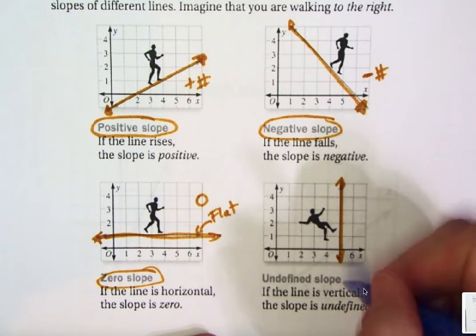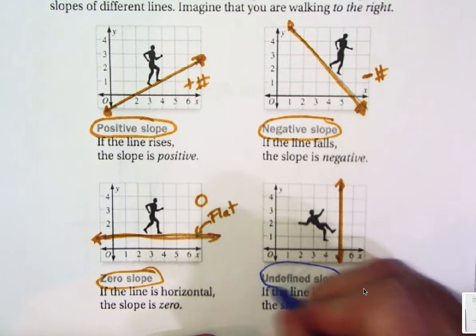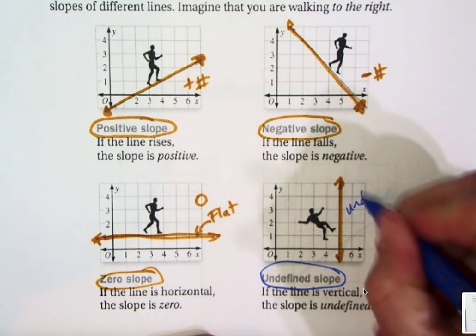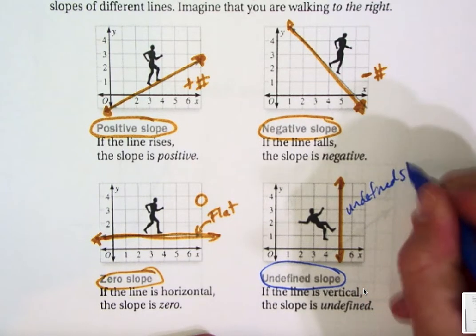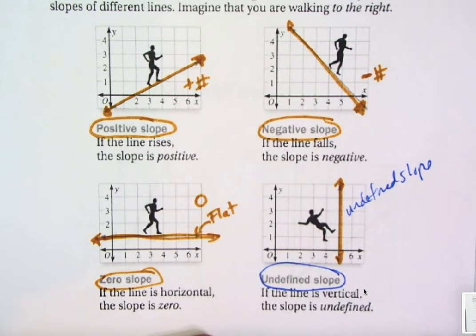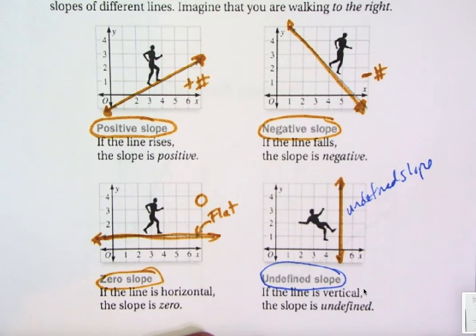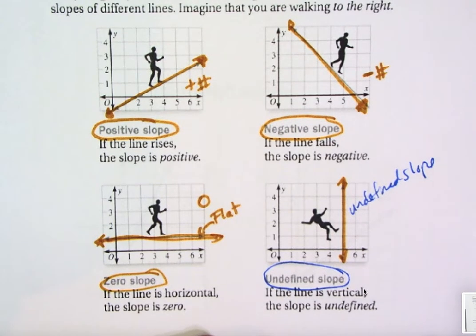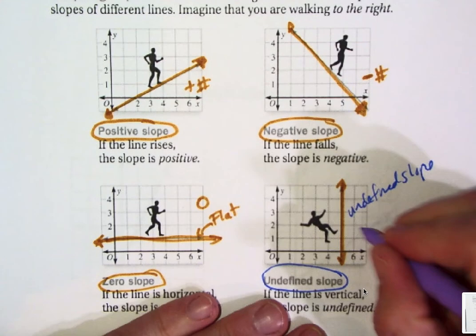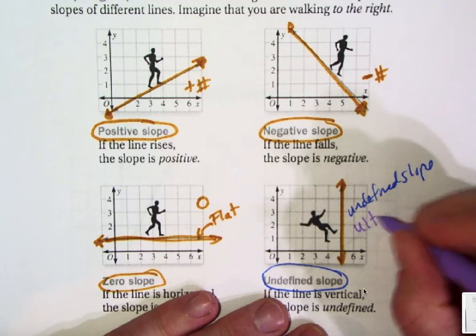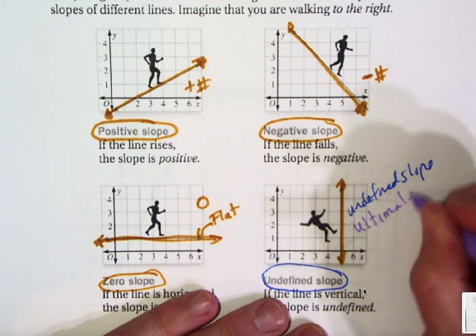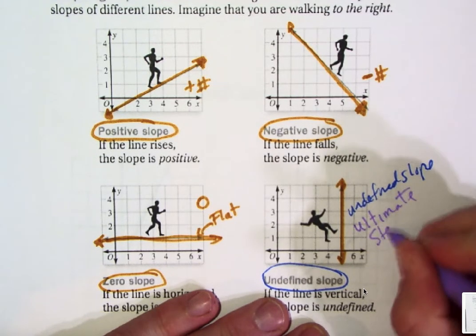Any vertical line, every single one, is going to have something called an undefined slope. We can't give it a number. How steep is that line? Well, it's not positive, it's not negative, it's not flat. I like to think of it as the ultimate steepness.